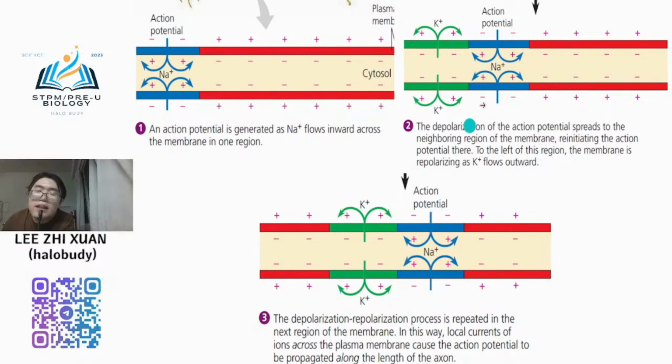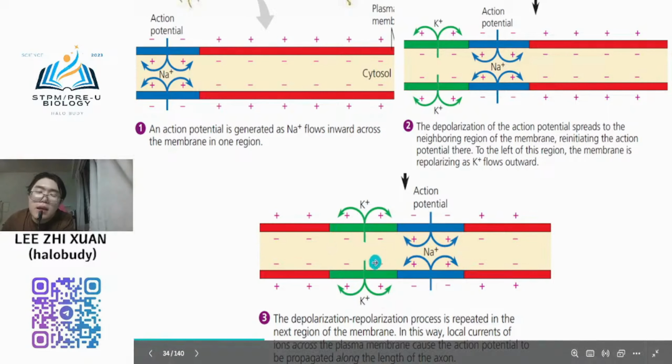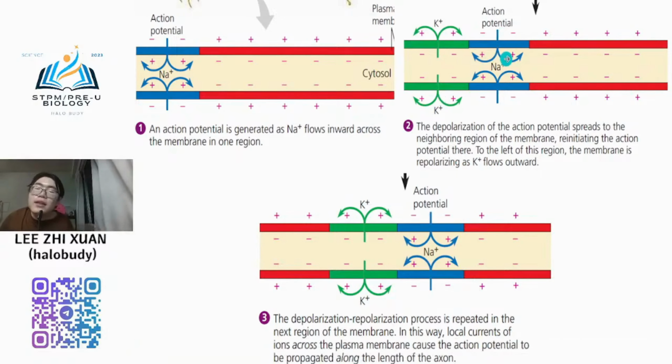When it enters repolarization, it will initiate the C region to trigger the action potential inside the C region, and then the B region will be at the repolarization process. So this is the repeated process. Depolarization will trigger the neighboring region to initiate the action potential of the neighboring region. So this is the concept.